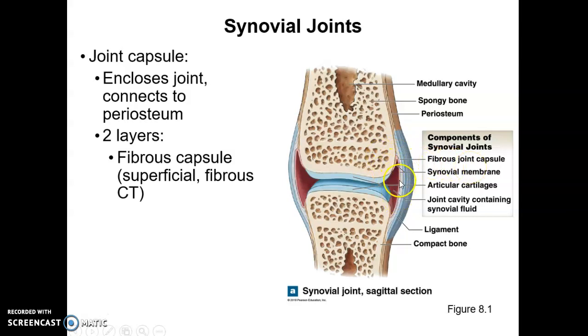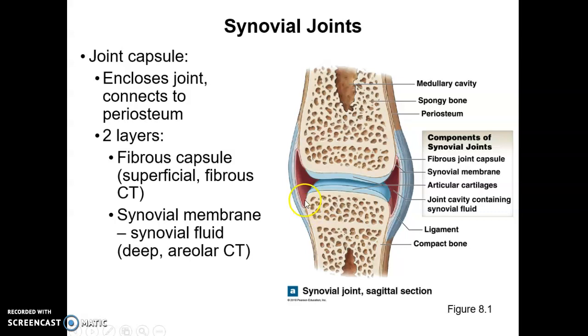It's a superficial layer of the joint capsule, fibrous connective tissue, nice and strong. And then internally, in what looks like pink here, is the synovial membrane, producing the synovial fluid, which lubricates the joint and actually nourishes the chondrocytes within this cartilage. Okay? And that's areolar connective tissue, and it has a thin, incomplete epithelial lining.